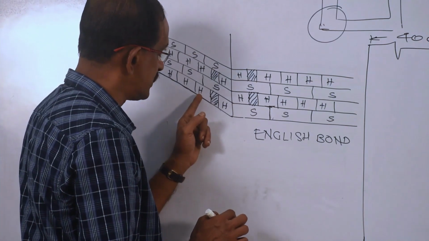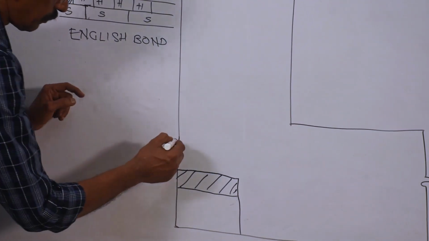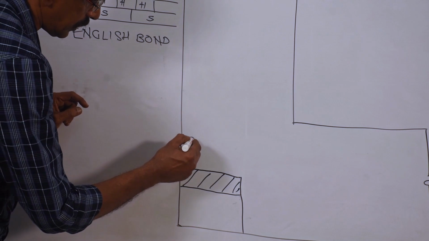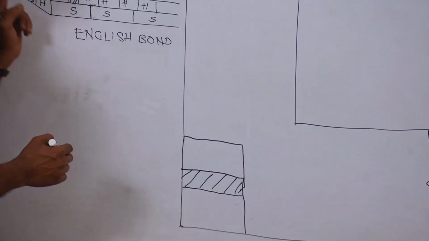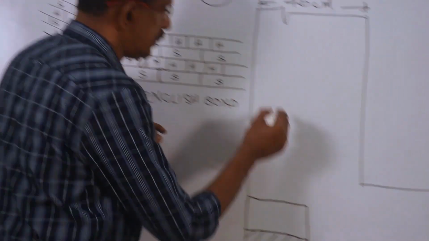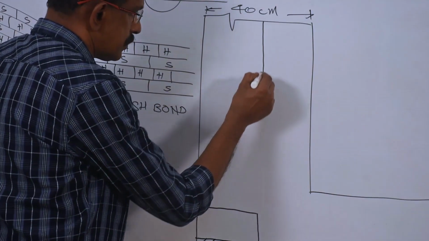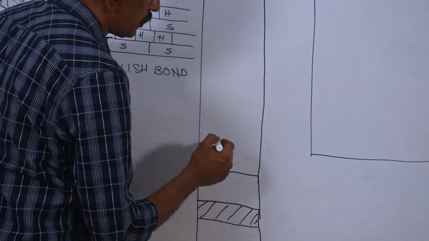Next is header in the side view. That means that brick is like this. Okay. Next is also header in the side view. That means in this direction the bricks are arranged like this.